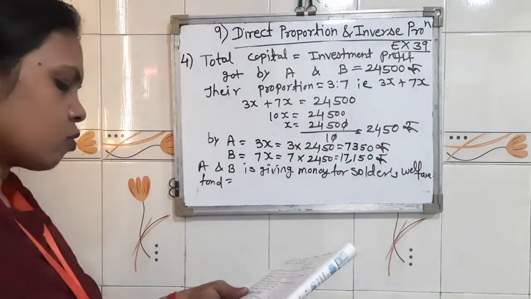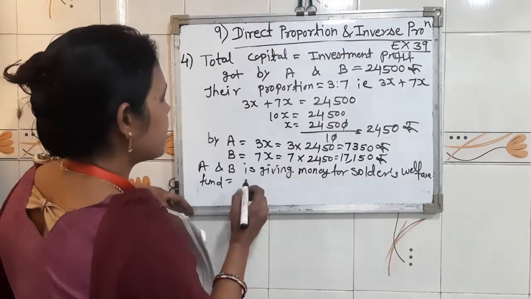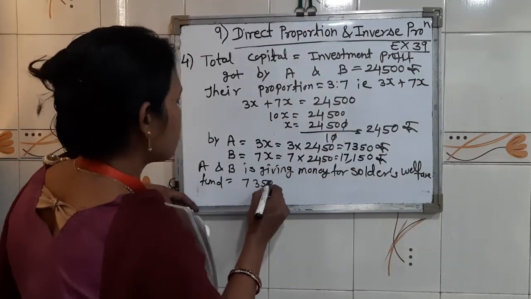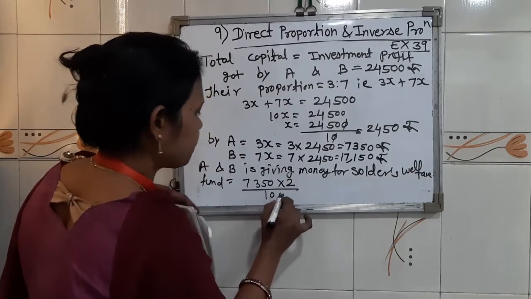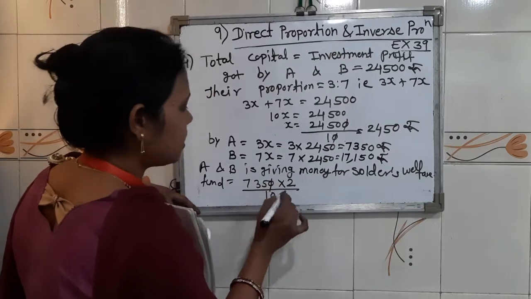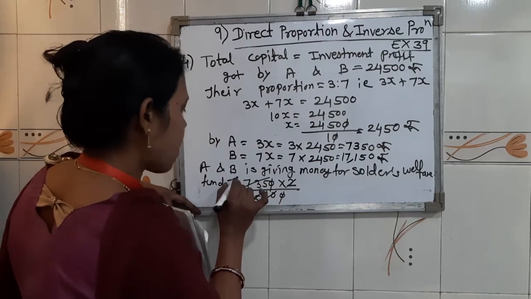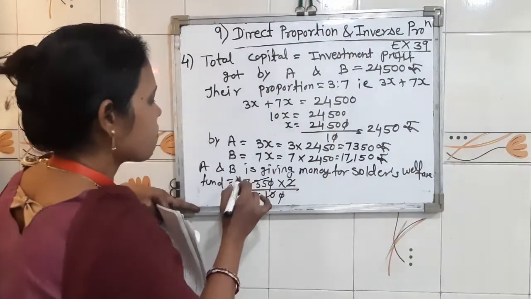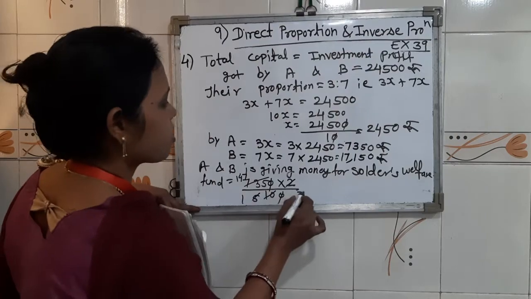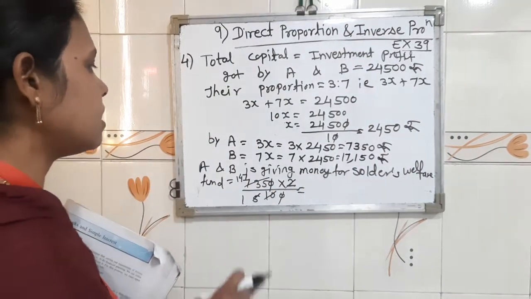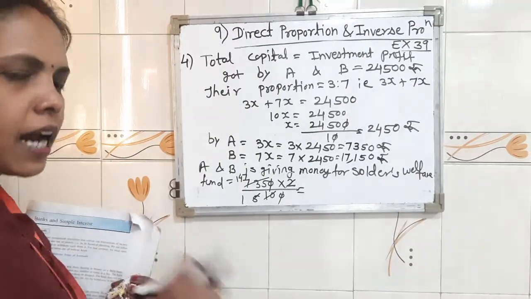Soldiers welfare fund equals 7350 into 2 upon 100. Then the zeros cancelled, 2 ones are 2, 2 fives are 10, 5 ones are 5, 5 fours are 20, 5 sevens are 35. What we did, we cancelled 7350 into 2 upon 100.